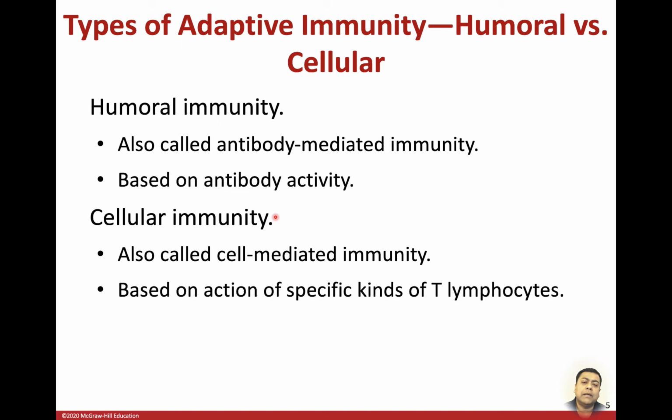If there is a virus-infected cell, the virus is replicating inside the cell, and there is no way that you can go inside a cell and specifically kill the virus. There is no mechanism to do that. So the only mechanism is that a cytotoxic T cell will kill the whole cell infected with the virus or the specific pathogen, and along with that, it will be able to kill that pathogen as well.